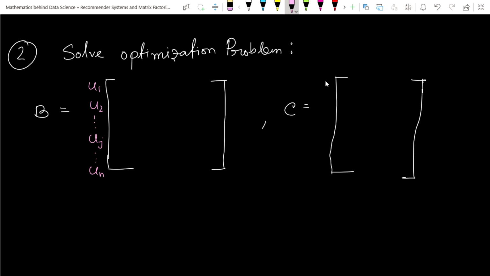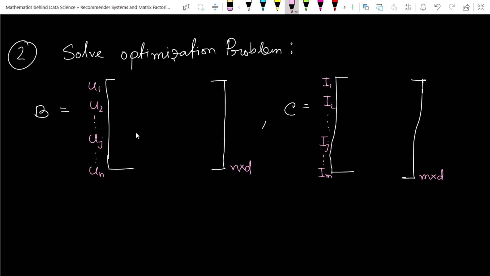And this row vector will be responsible for each item: I1, I2, somewhere Ij, and Im. The dimension of that matrix is n cross d, and this dimension will be m cross d.